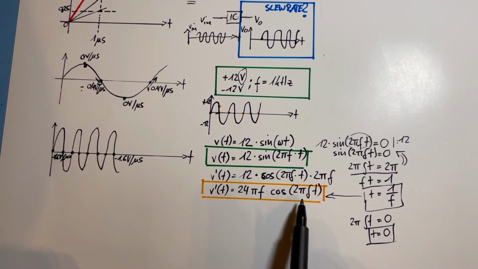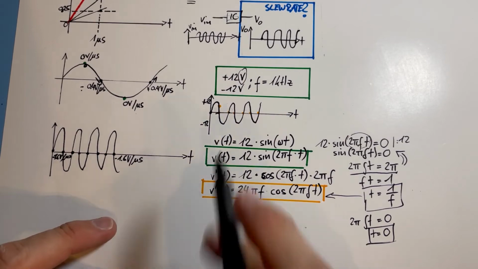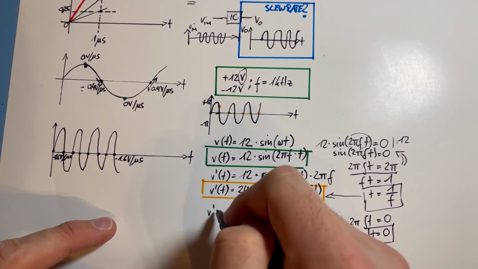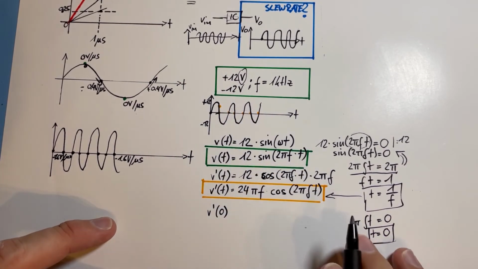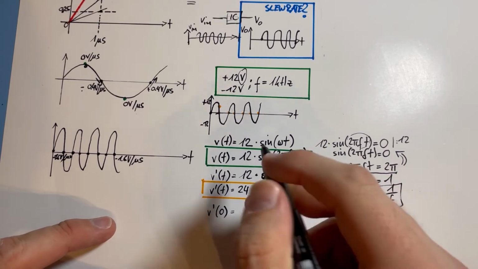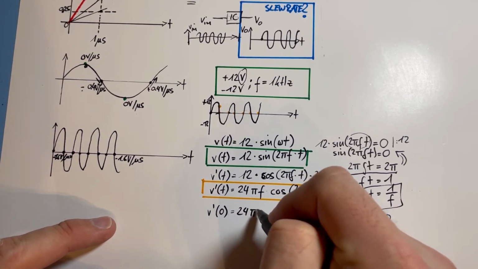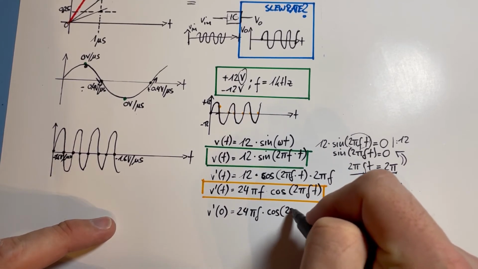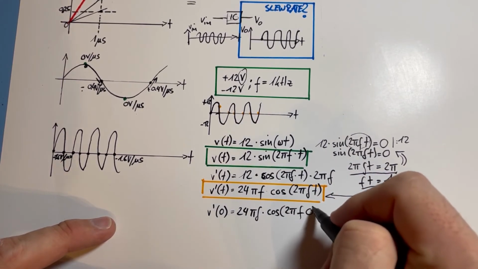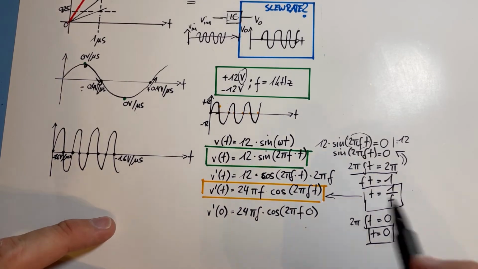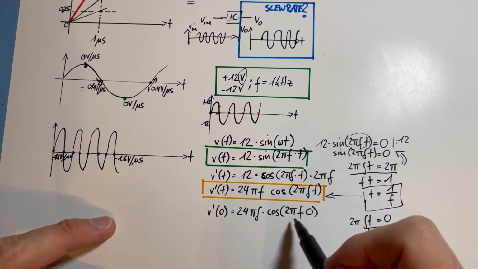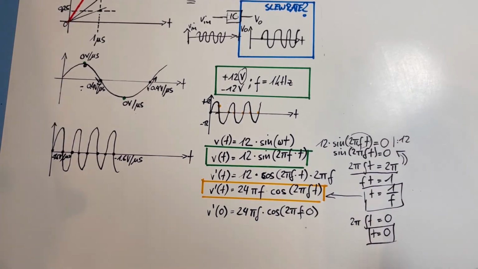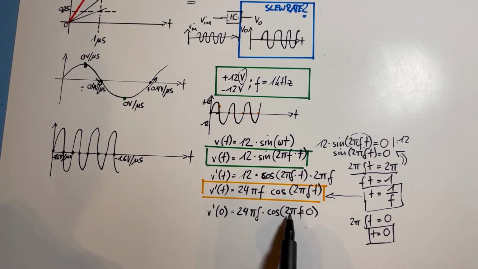We take t equals 0 in that formula here, and then we have v dash of 0 equals 24 pi f times cosine of 2 pi f times 0. So this 2 pi f times 0 is 0.